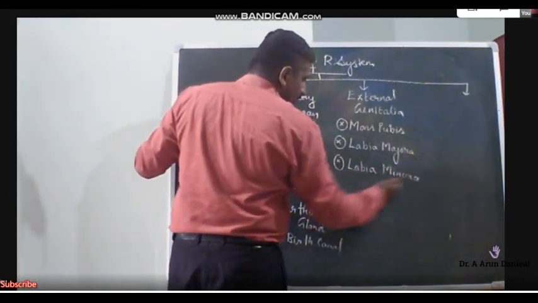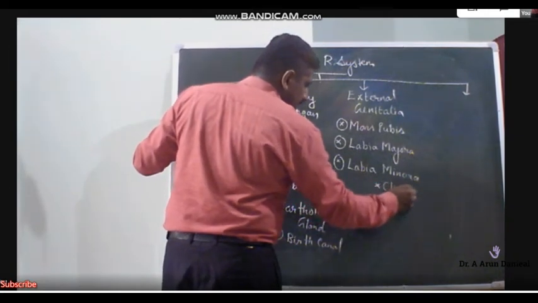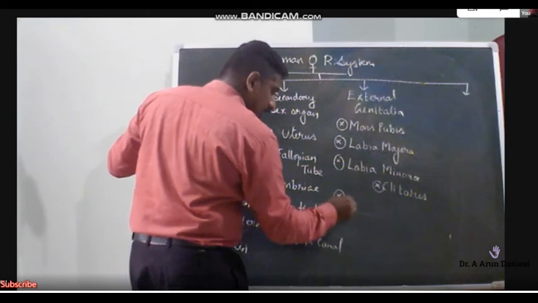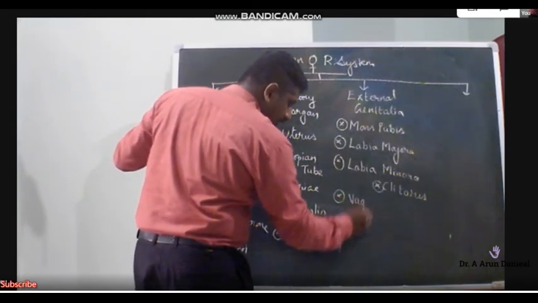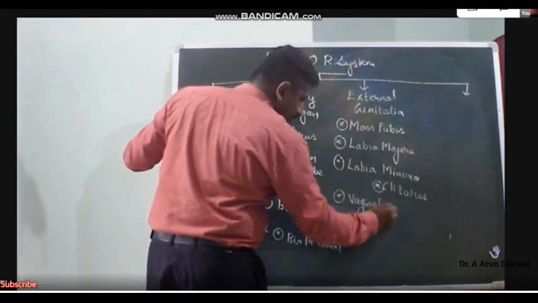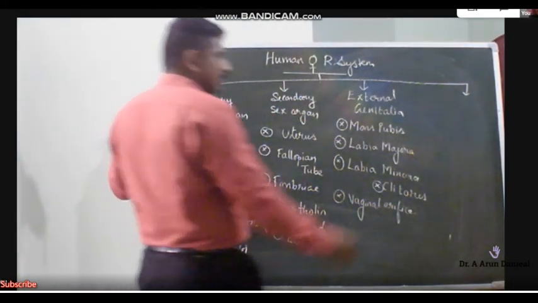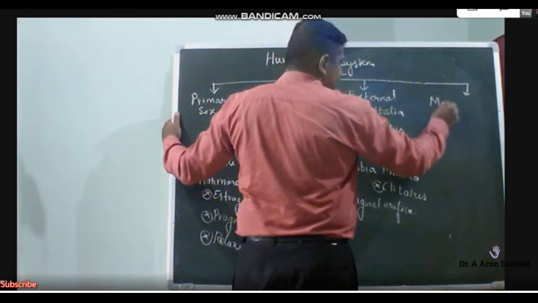In the labia minora we have something called the clitoris, homologous to the penis. Next you have the vaginal orifice, the opening. Next is your mammary gland.